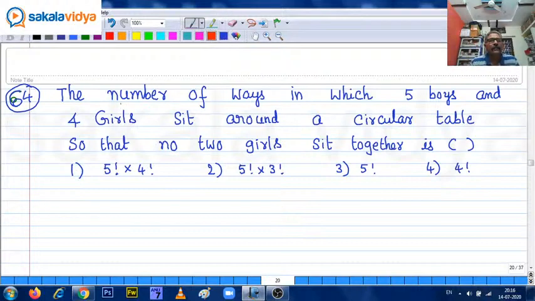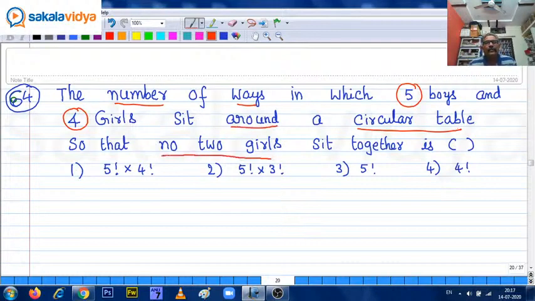The number of ways in which 5 boys and 4 girls sit around a circular table so that no two girls sit together. There is a condition imposed on the girls.